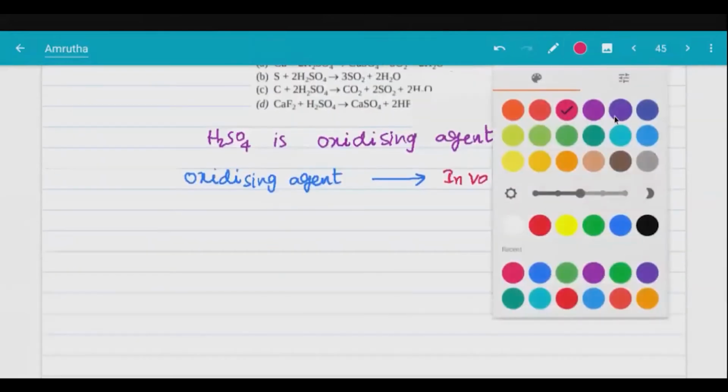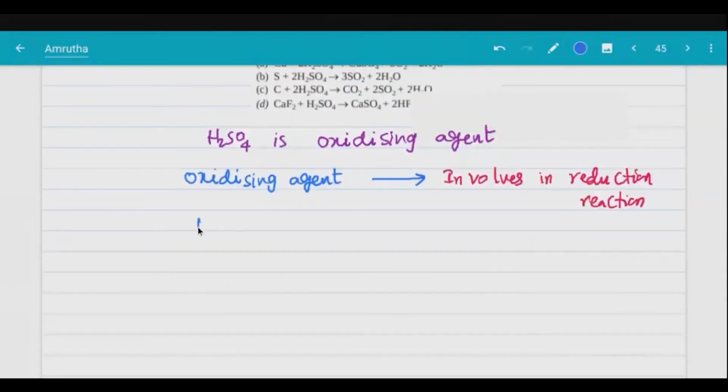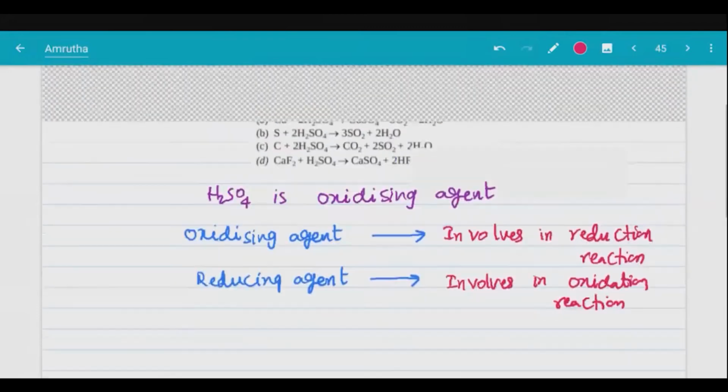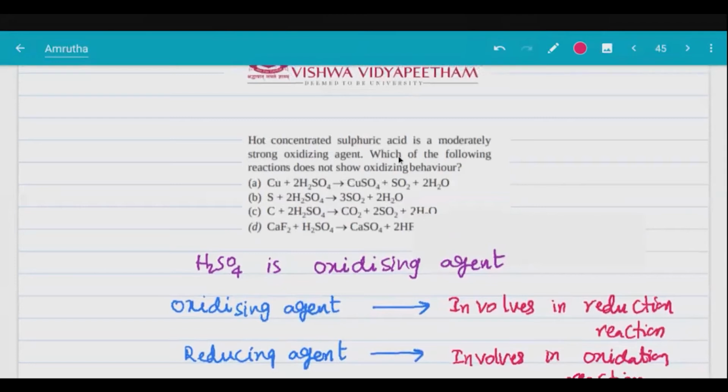Now reducing agent means what? What is reducing agent? So this involves in oxidation reaction. Clear?